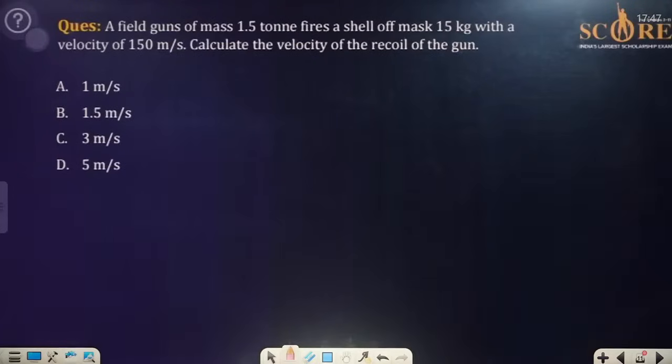I request you all to please try to solve this particular question. Please try to solve this.